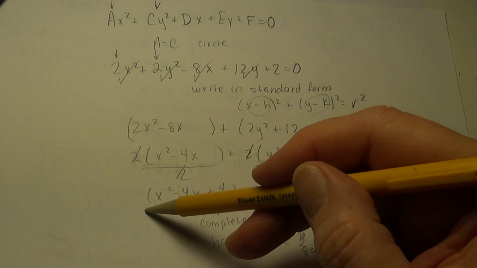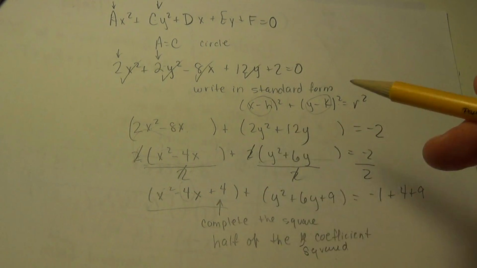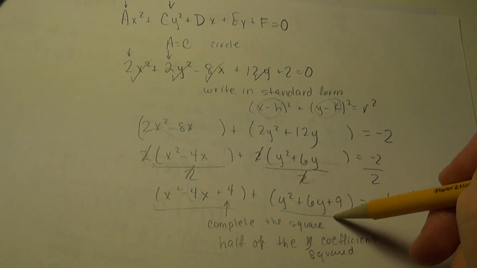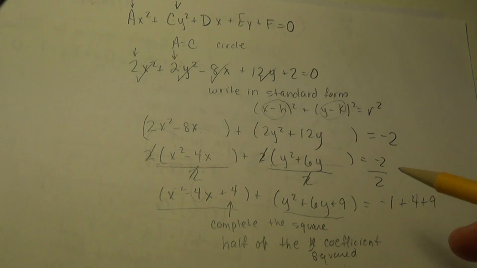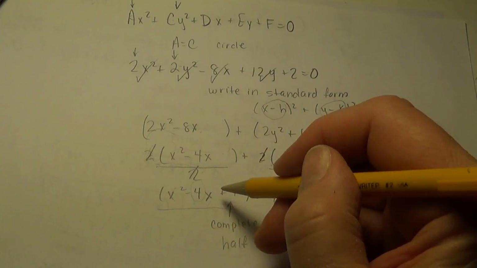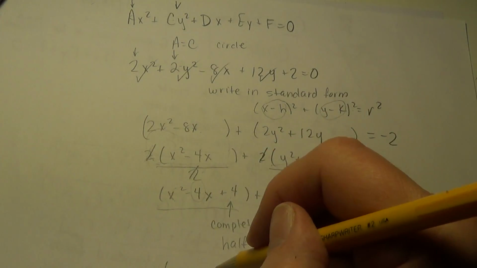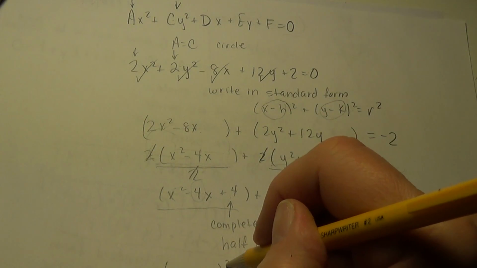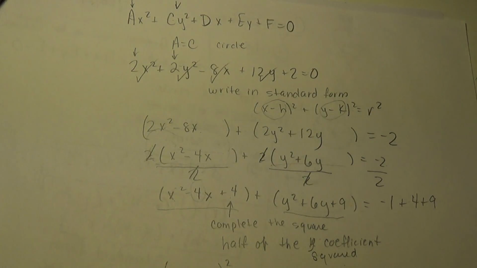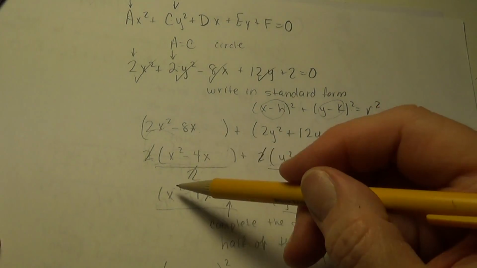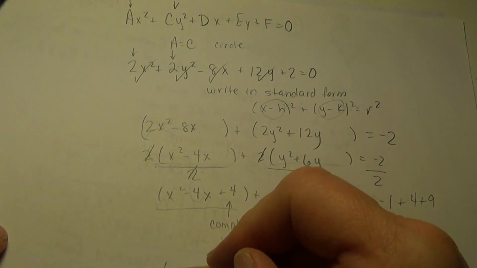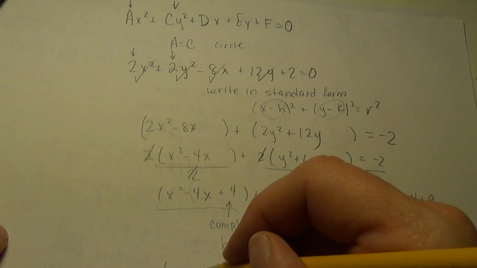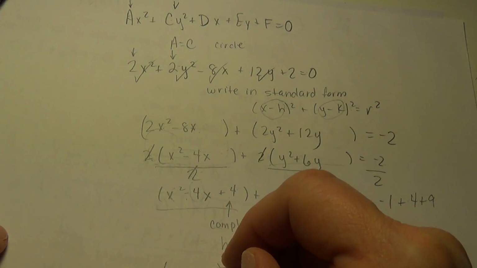So why did I add this special number and this special number? Because now I have a perfect square. I think Miss Ng had you memorize some of those perfect squares. So that means I can take 3 terms and write them as 2 terms squared. What will they be? Well, it's always going to be the square root of that, this sign, and the square root of that.